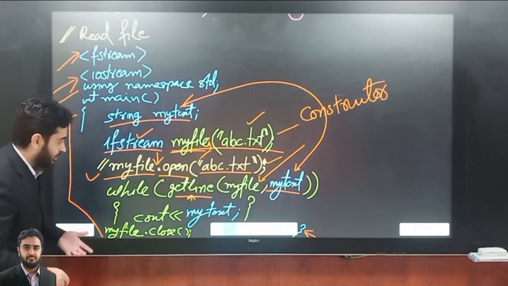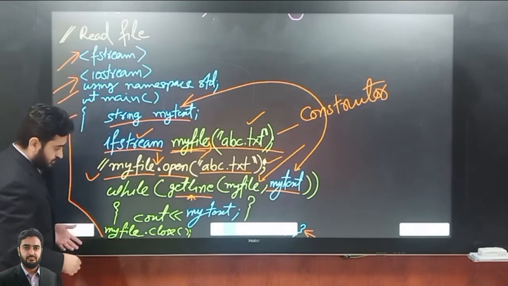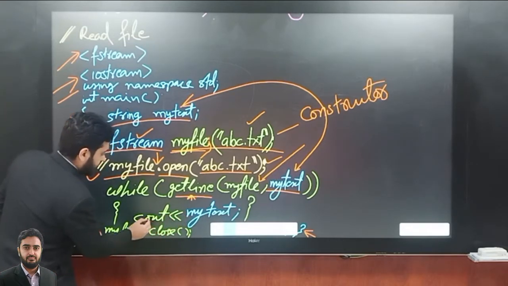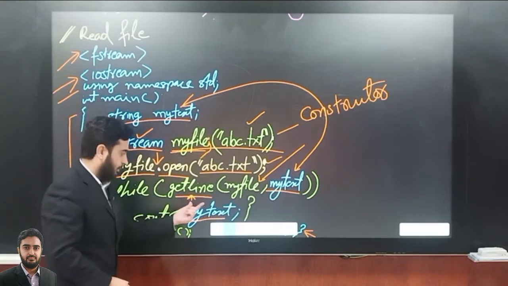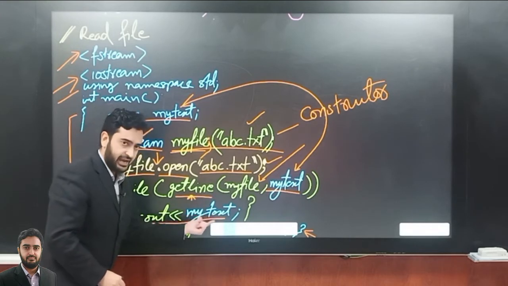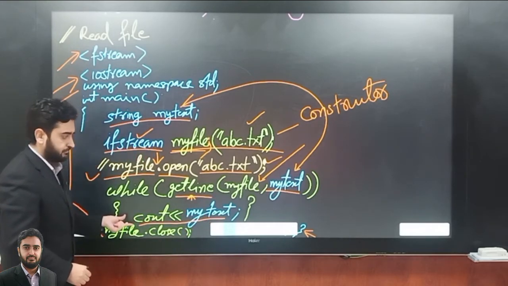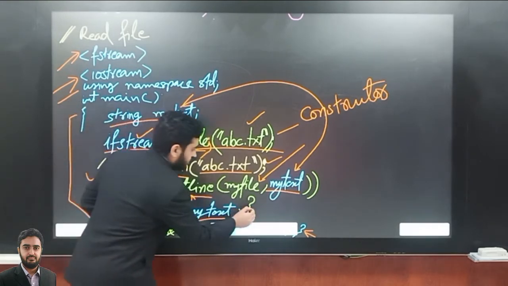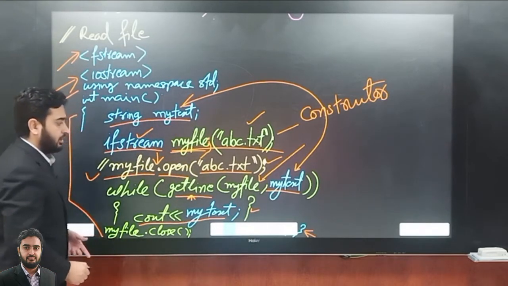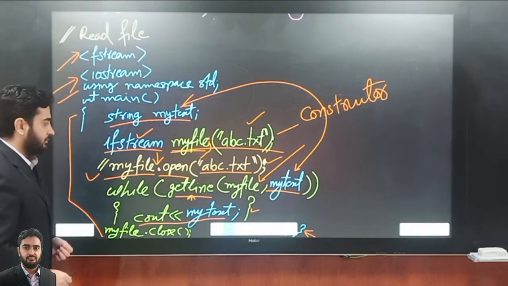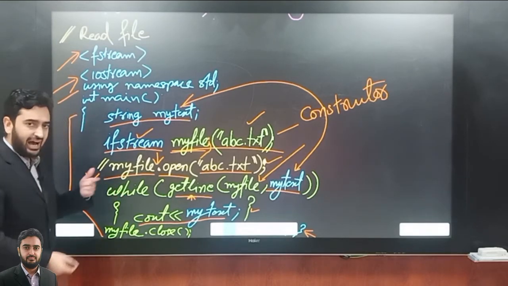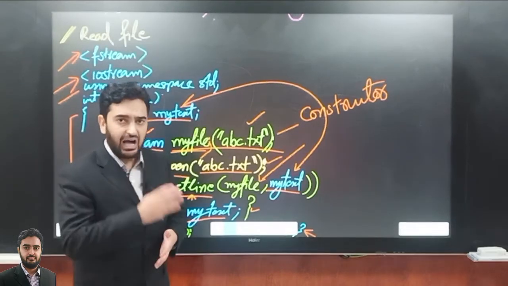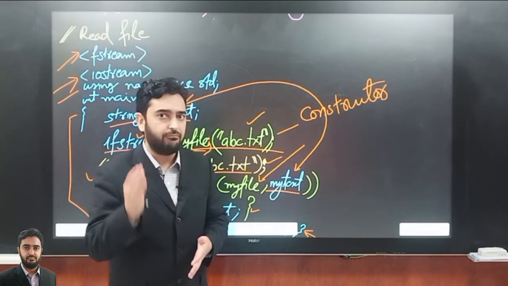And then what we are going to do with this variable is print the text, the string of my text, on the console screen. Then the while loop here is enclosed with the closing curly braces. This while loop will iterate through all the lines one by one.